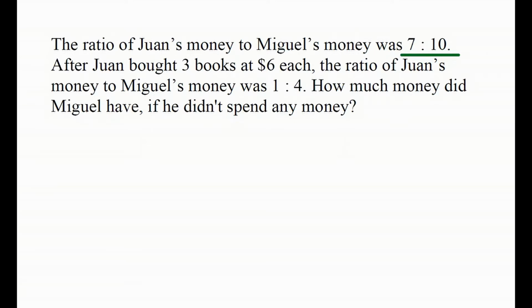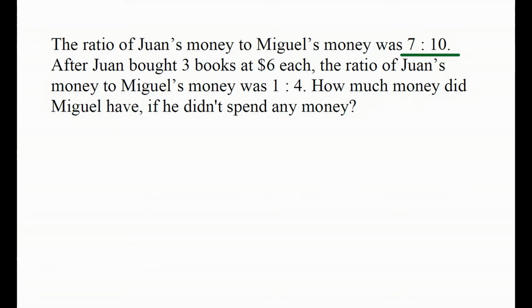In other words, for every 10 units of money Miguel has, Juan has 7 units, and all the units are the same size. So once again, we have to understand the question before we think about the solution.